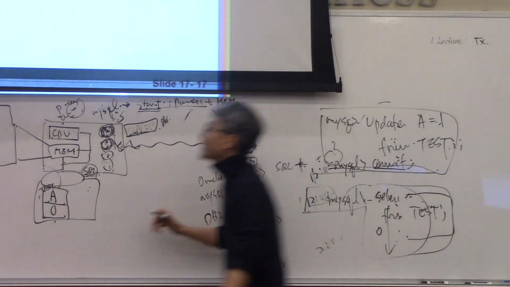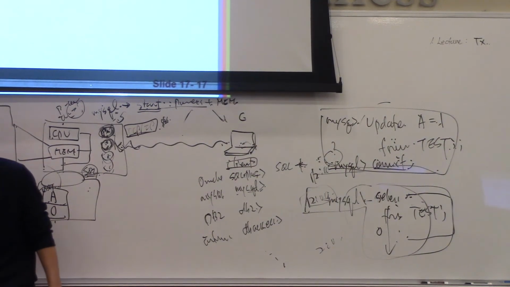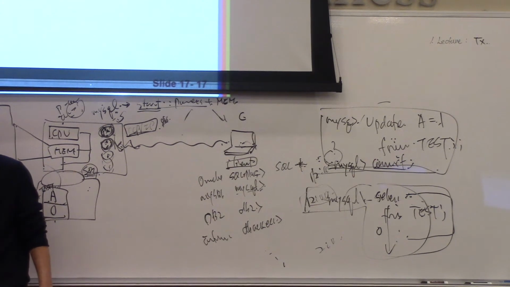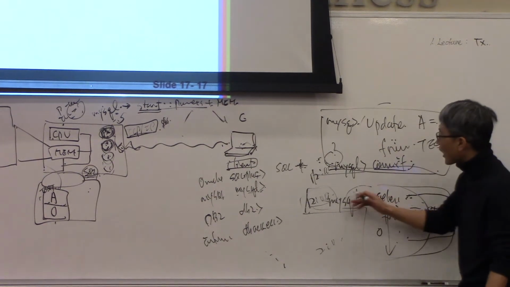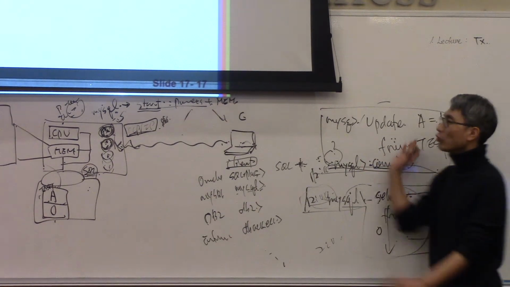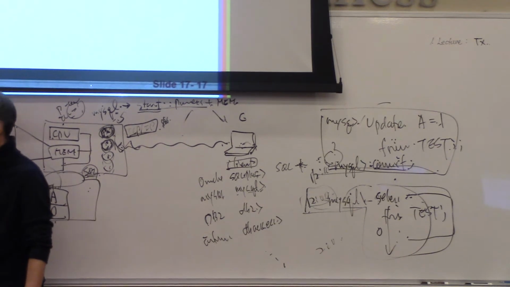Because of that, we still keep it in the memory, even though that is the old version, committed. Okay? But if this query starts after commit, then we don't need it. We read this data. Okay.